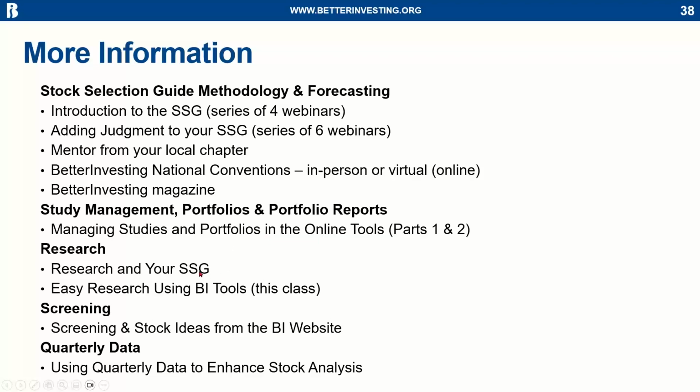There is a great class about research and your SSG where you go into some other newsletters and things. We look at some of the premium resources, the paid things that you might get from the library or from your broker. I mentioned screening and stock ideas from October, not July, and using quarterly data to enhance your stock analysis. All of these are available in the video learning library.